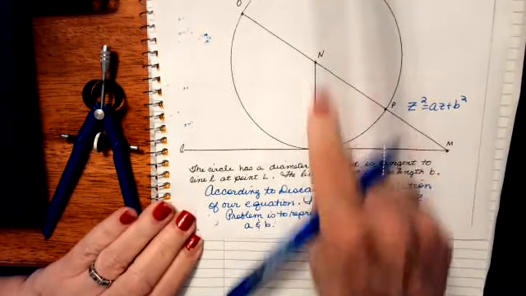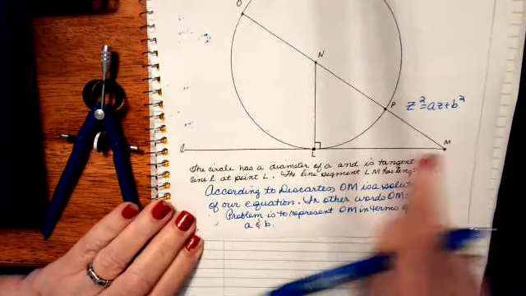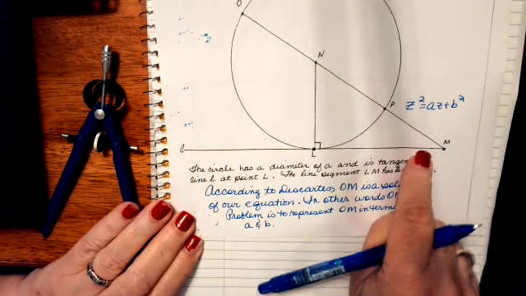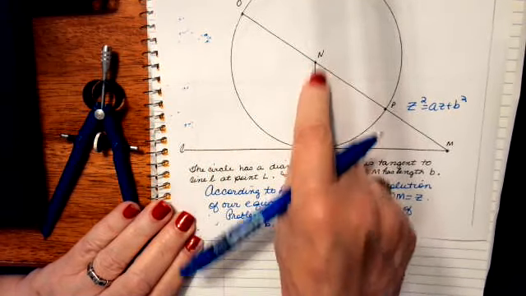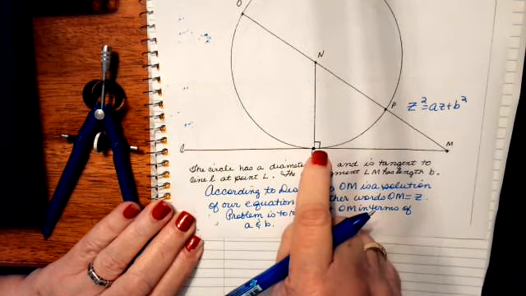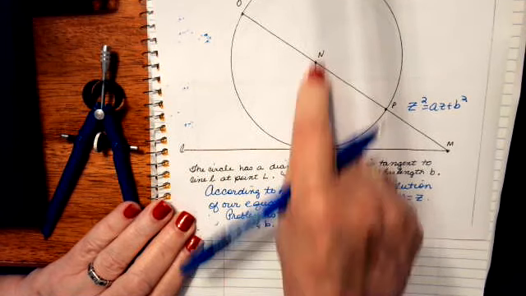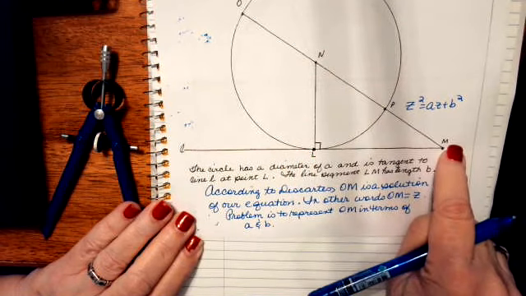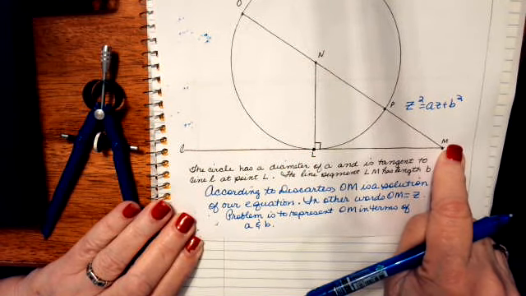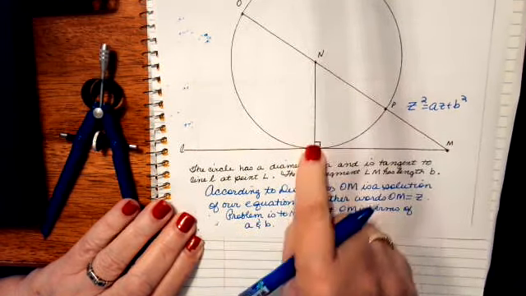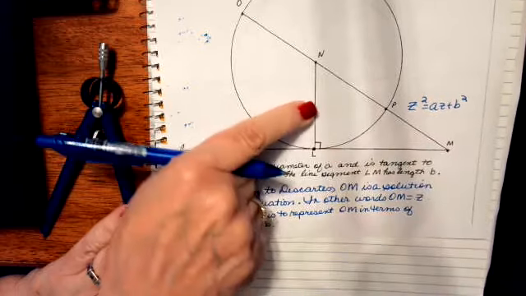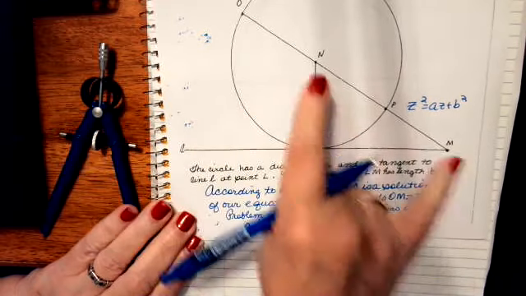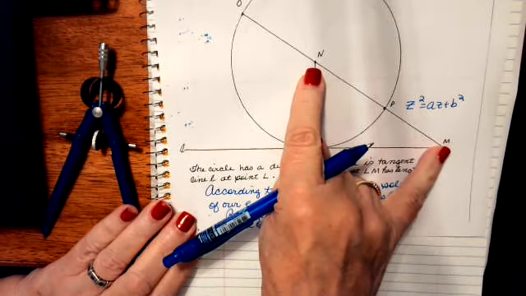All right, well, first thing, notice this tangent line is perpendicular to the radius, which means that's a right angle right there, which means NLM is a right triangle. It's a right triangle, which means I can apply the Pythagorean theorem. So this side squared plus this side squared equals this side squared.